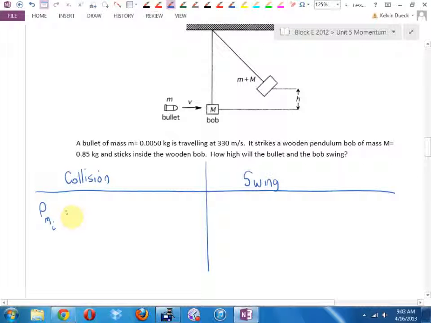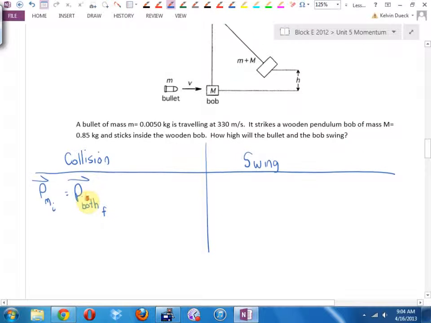Little m, big M, or both? Stuck together or separate? So it's going to be little m V initial equals little m plus big M V final. I guess since there's only one initial velocity, I can just put V initial, and that'll be less yucky.